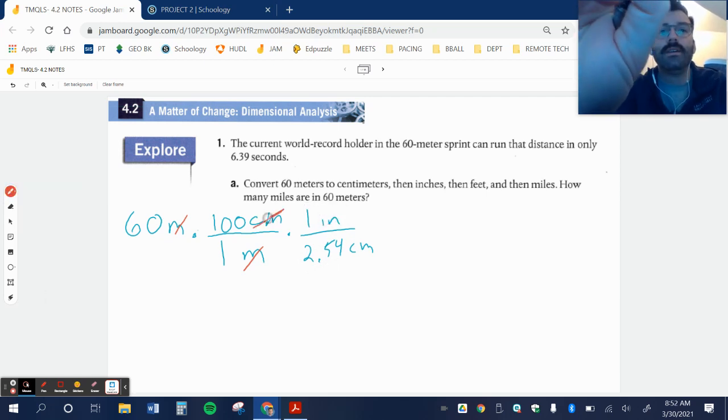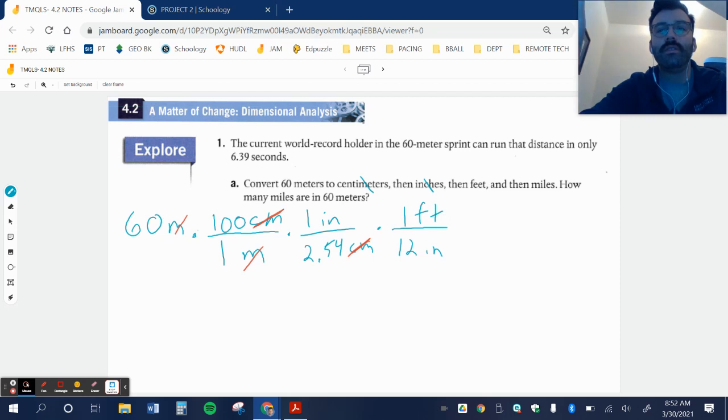Again, cancel top to bottom like that. I did centimeters to inches. Now I want to go to feet. How many inches are in 1 foot? There's 12 inches in 1 foot. Boom.